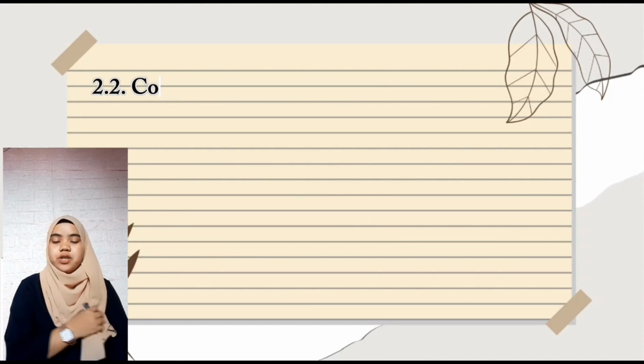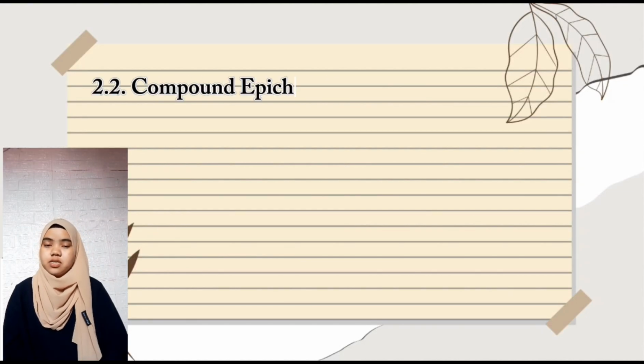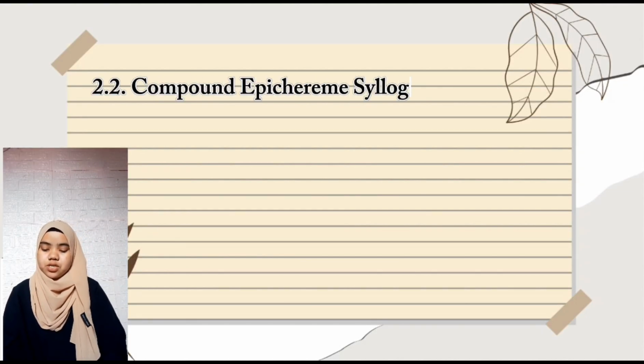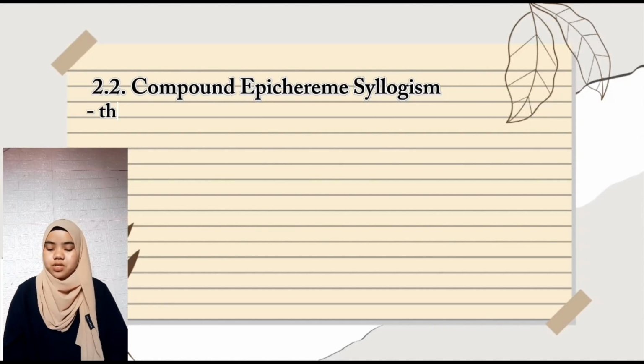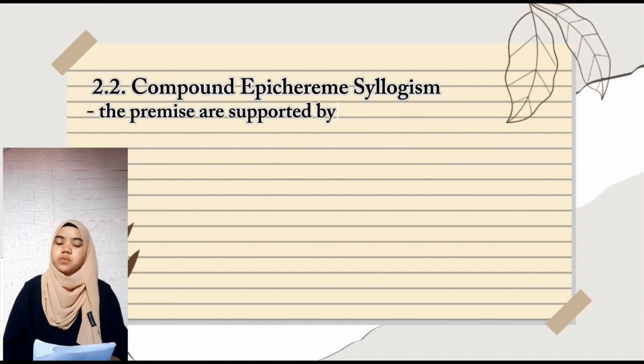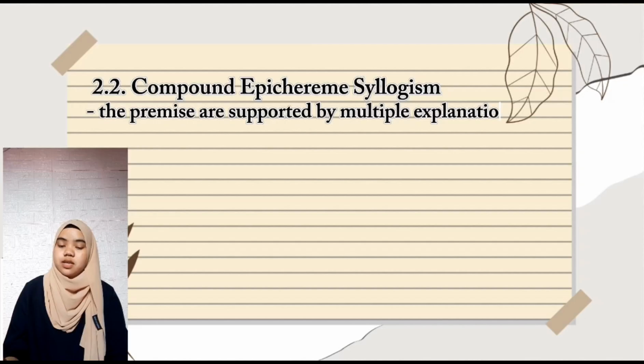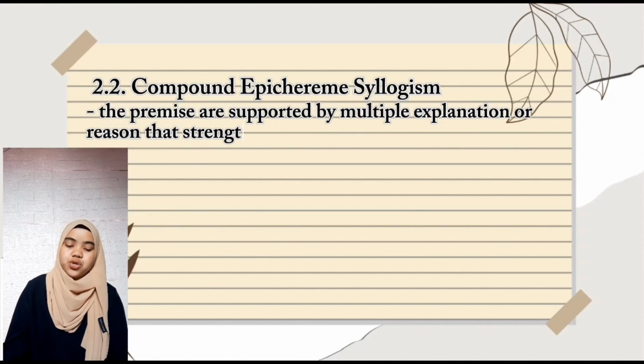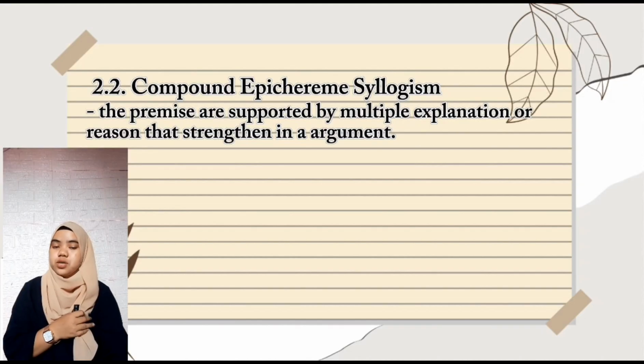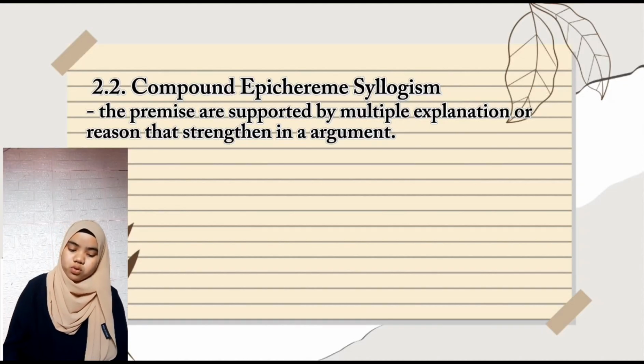And the next part of the epigram syllogism is the compound epigram syllogism. So, the premise is supported by multiple explanations or reasons that strengthen our argument. It uses because and for to show the relationship between premise and the conclusion.